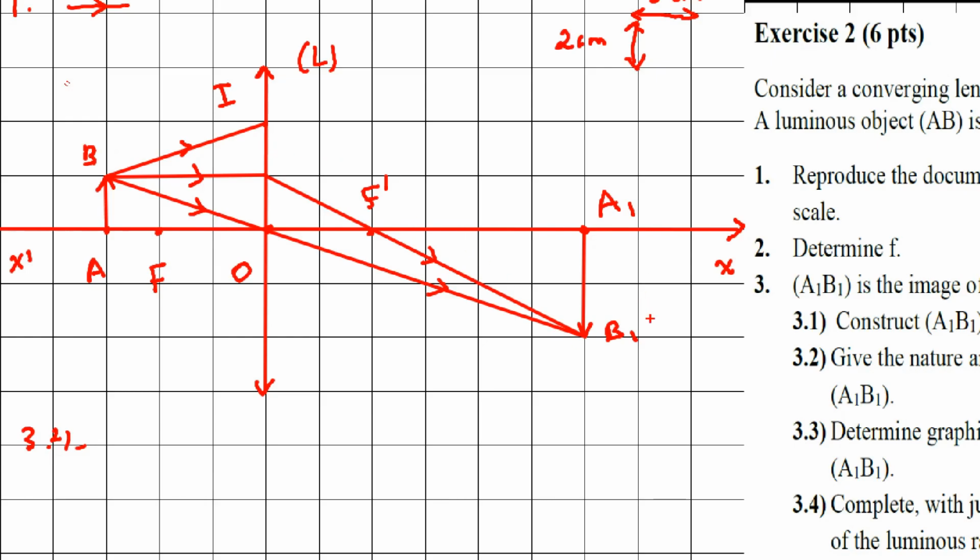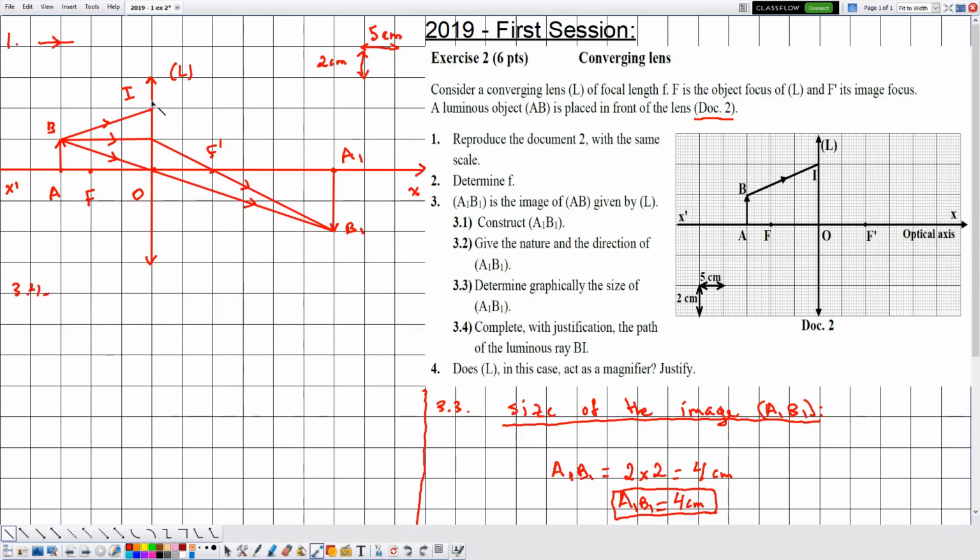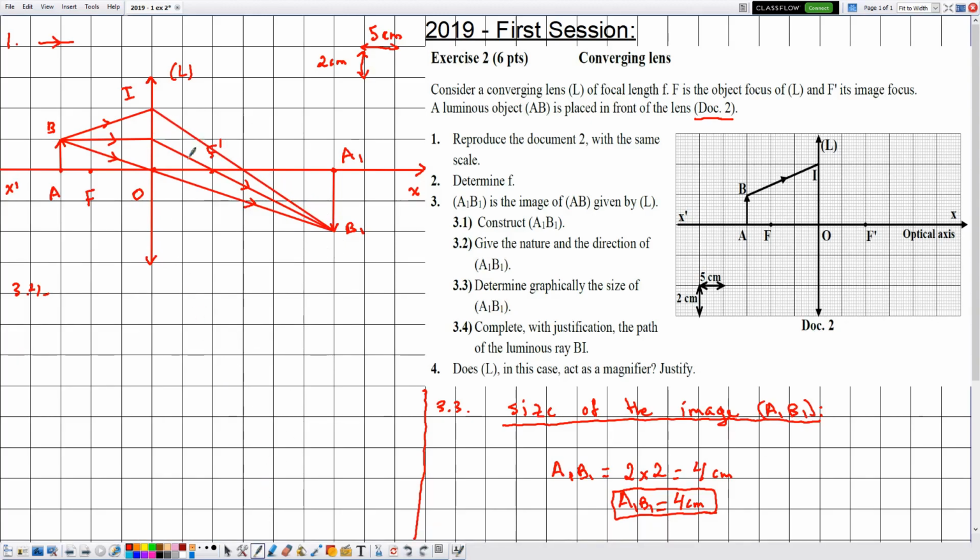However, because now we know the image B1 of B, we can complete the path of this ray, because we know that all incident rays issued from B emerge from the lens going to B1. So let's trace this ray first. Then this ray will go to B1. And we don't forget arrows on light rays.